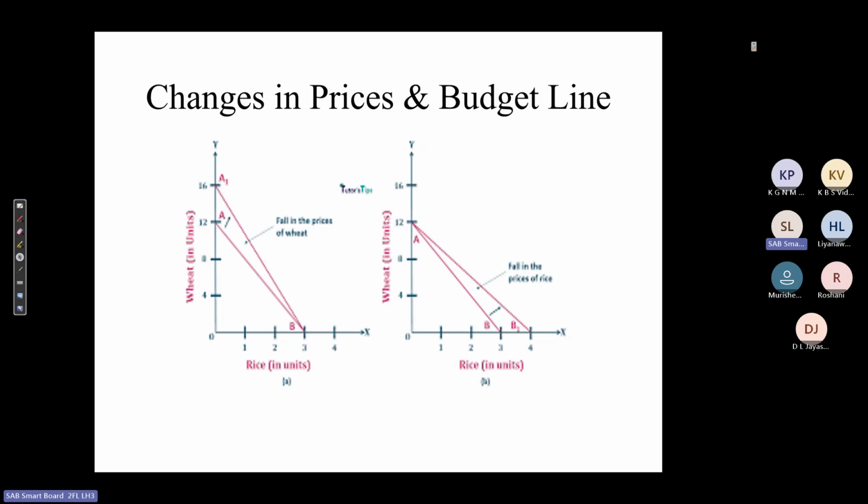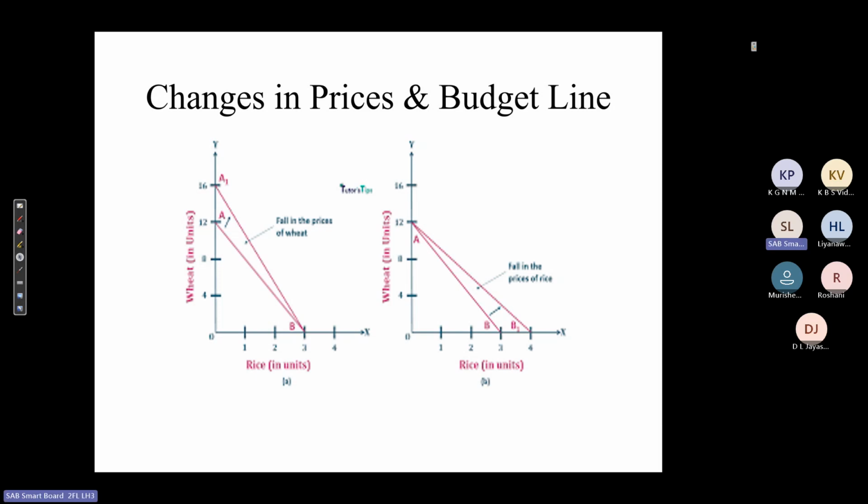Now here's the situation. We take the two products, x and y, say rice and wheat. What is the situation? There is a fall in the wheat prices, remaining the rice prices constant. People can consume more wheat.